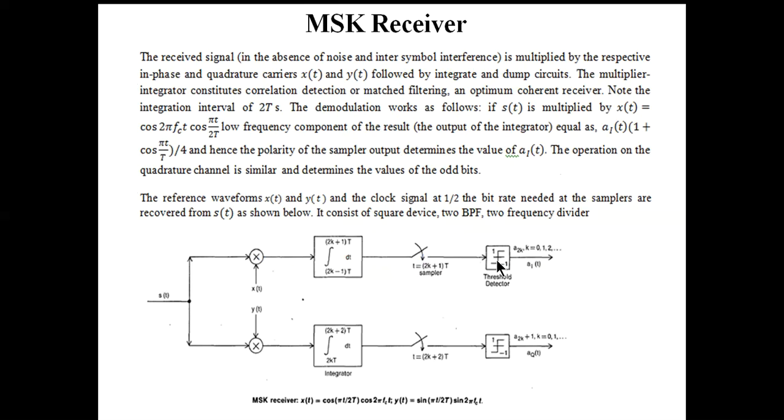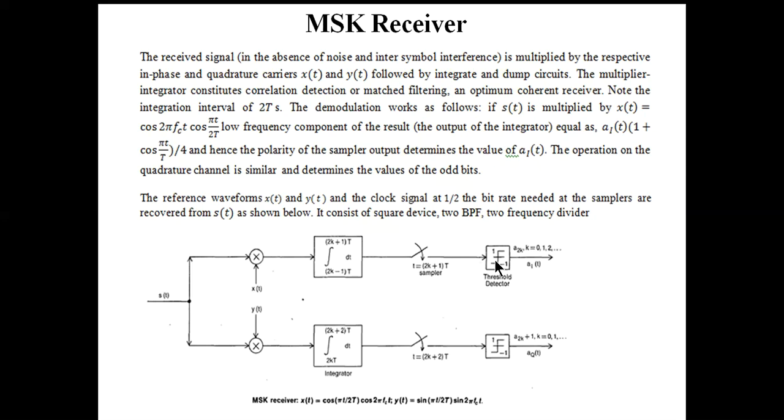Okay, now coming to the receiver side. The receiver is also a very simple concept. It consists of two multipliers, two integrators, a sampler and a threshold device. In the multiplier, we need to regenerate x(t) and y(t) at the receiver section.